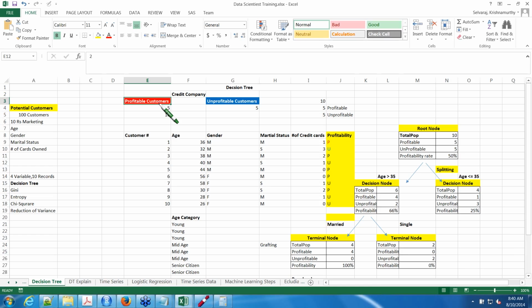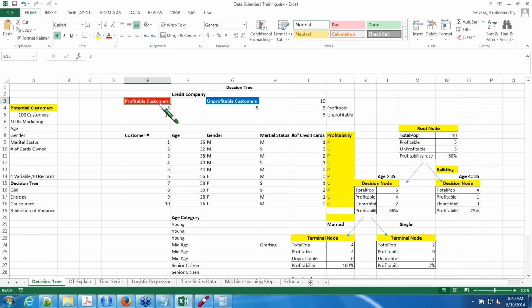But I have a limited budget. So with that limited budget, I want to target the audience with the potential of becoming profitable customers to the bank. Only those customers I want to target and sell the credit card.